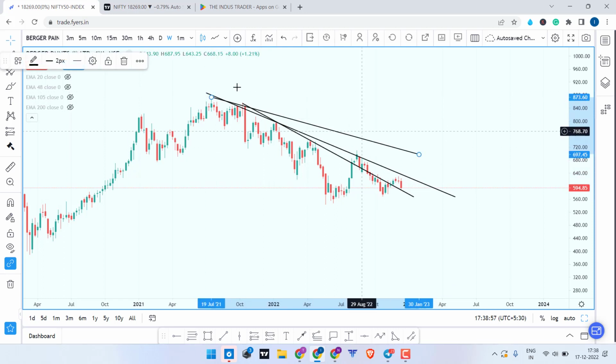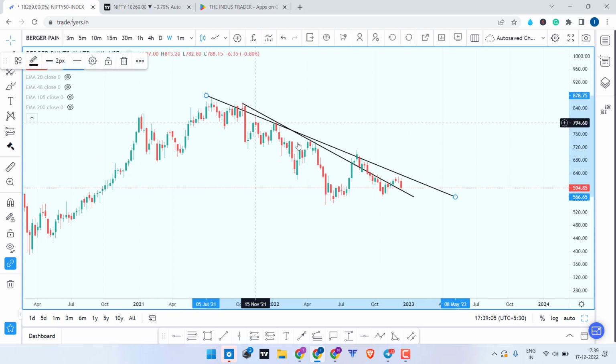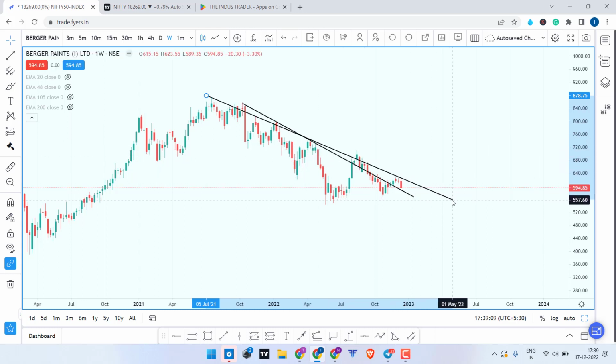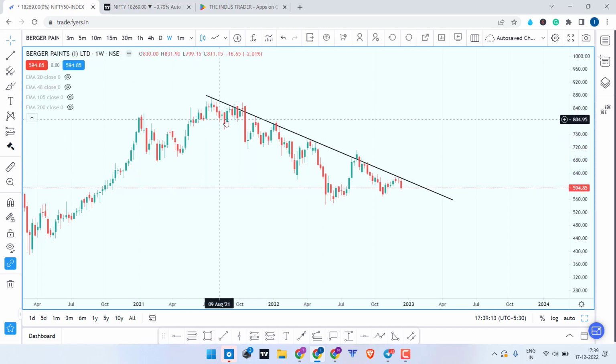This one is not appropriate because we don't have many touches. And the second thing, if you see these two trend lines, you can see multiple touches. Let me also remove this one. If you see this particular trend line, we are getting the maximum touches. So this is how I draw trend lines.